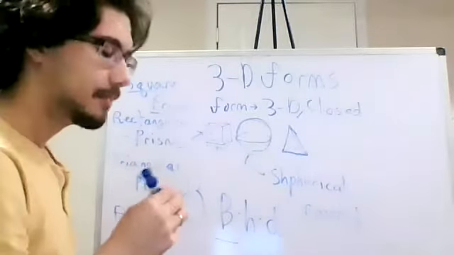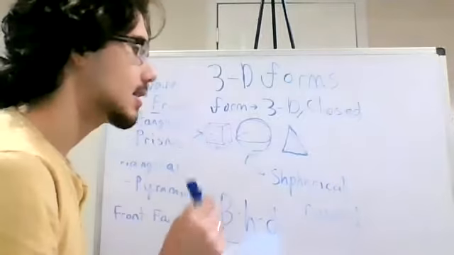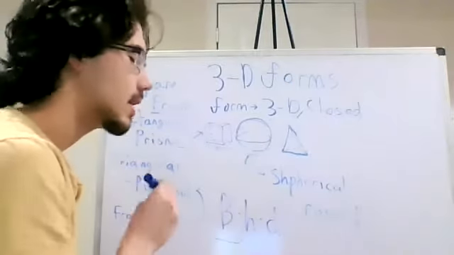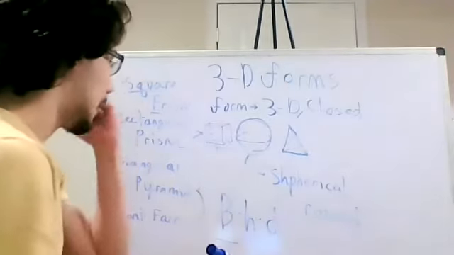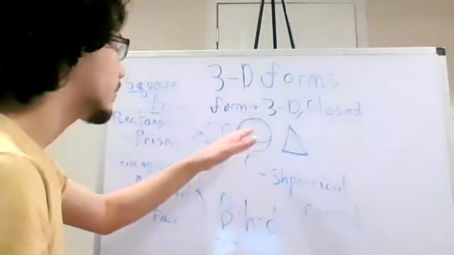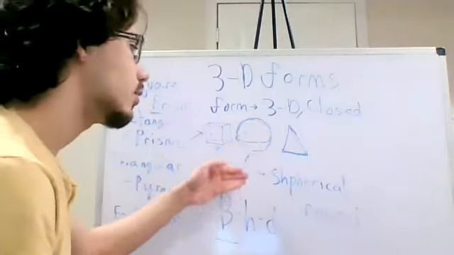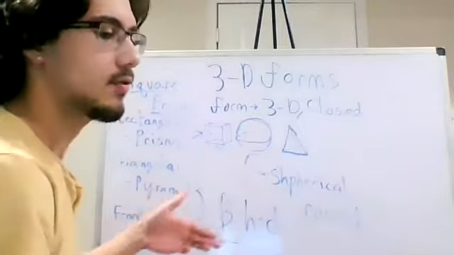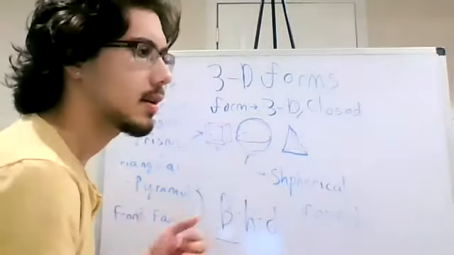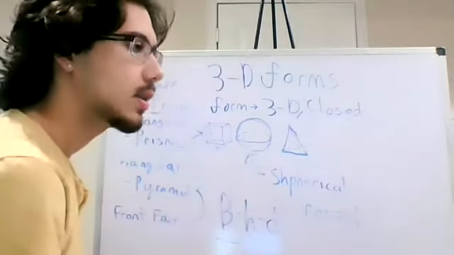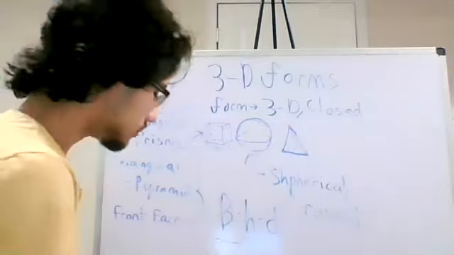But in lower level math such as this, we don't need to worry about ellipses. For now, whenever we refer to a round form, it will almost always be a sphere, and you refer to it as spherical. If you were to describe a bowl, you would say the bowl is spherical.